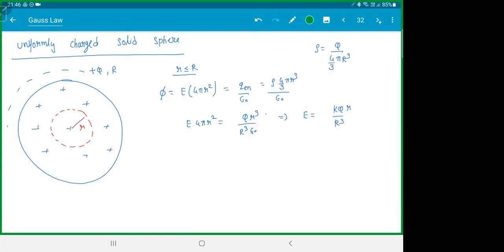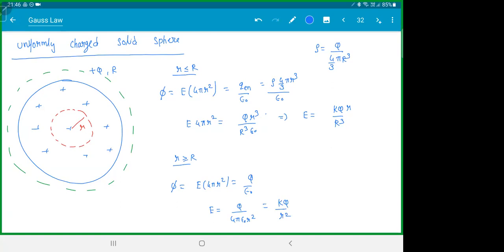Similarly, if you take a Gaussian surface outside for r greater than or equal to R, the flux will be the same thing, E into 4 pi r square, but this time luckily the entire charge is inside. So E will be directly Q by 4 pi epsilon r square or KQ by r square. This was the result, right, for a solid sphere inside and outside.